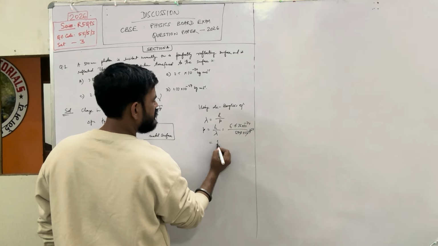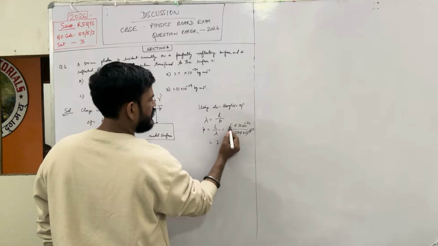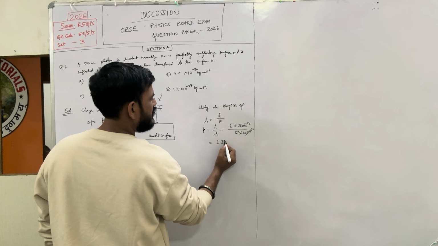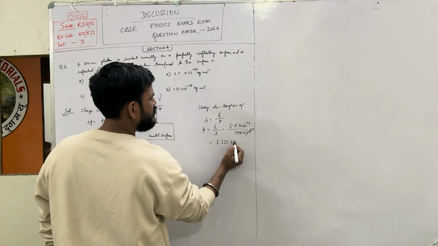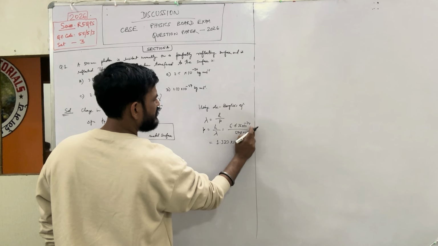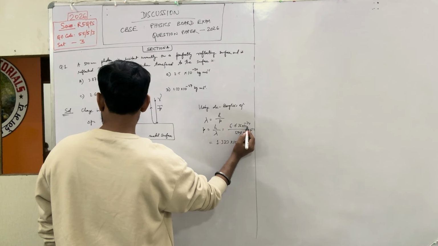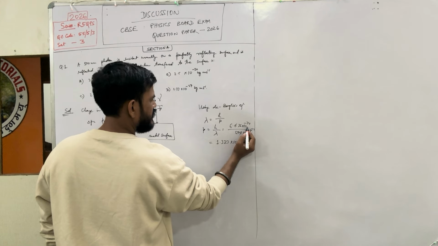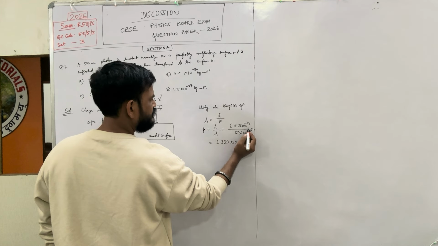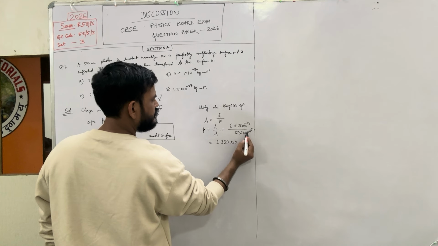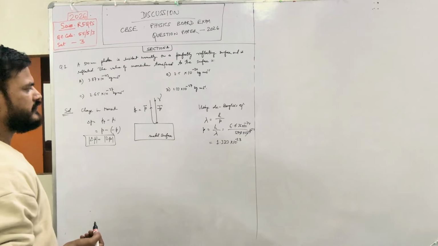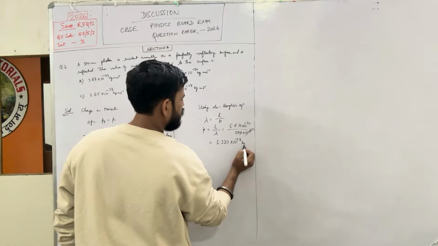5 1 is 5, 5 3 is 15, 5 2 is 10, 15 into 10 to the power minus 11. Subtract 11 from 34, so it becomes 23 minus 23, kg meter per second.